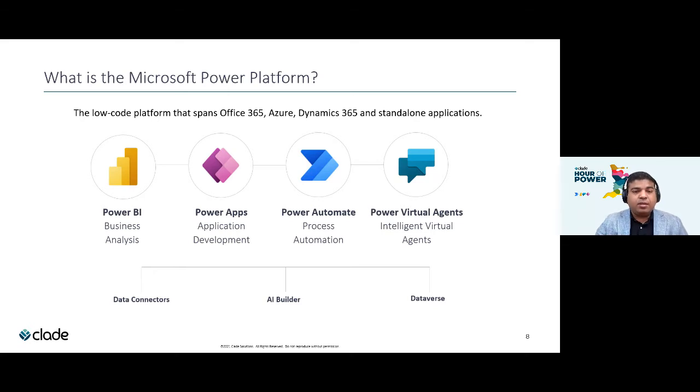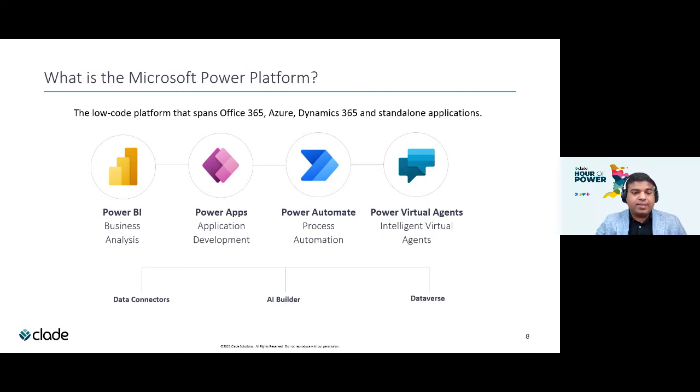And lastly, you've got Power Virtual Agents, where you can create intelligent chatbots that can understand natural language, and you can create logic behind it to react based on what people are asking. So you can have virtual agents for internal staff, maybe through Microsoft Teams, or through the portal for external users as well.